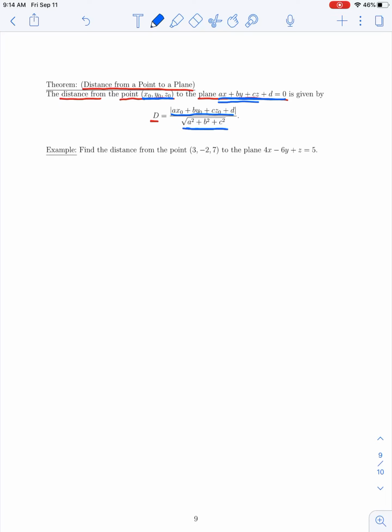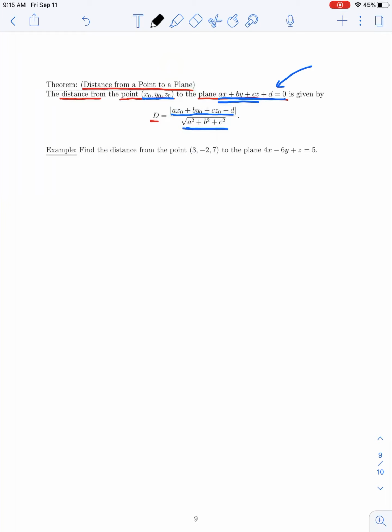So making use of this new formula, let's consider the example of finding the distance from the point given here to the plane whose standard form equation is given. One thing to be aware of is that in this distance formula, the equation of our plane is expressed as the sum of these terms being equal to 0.